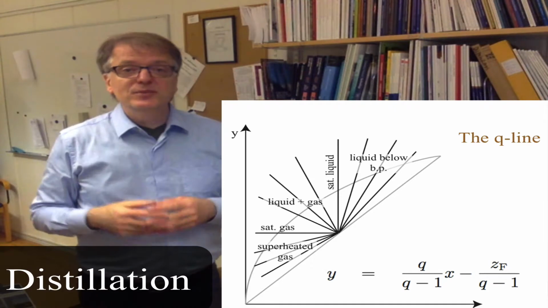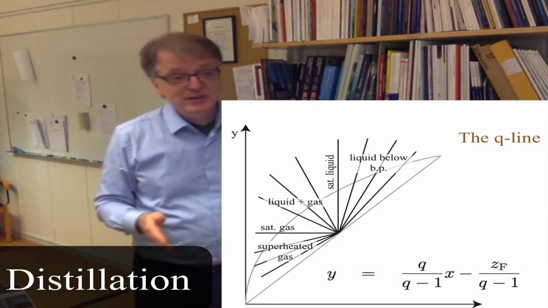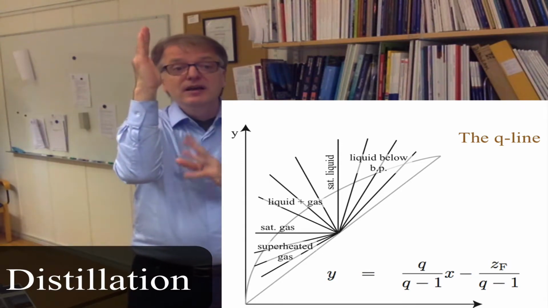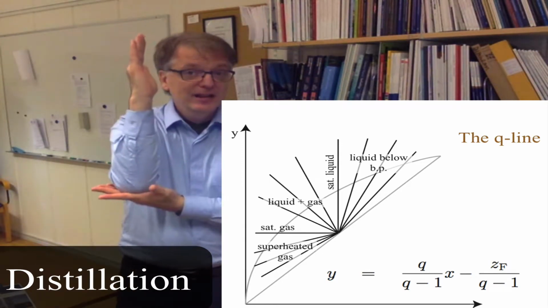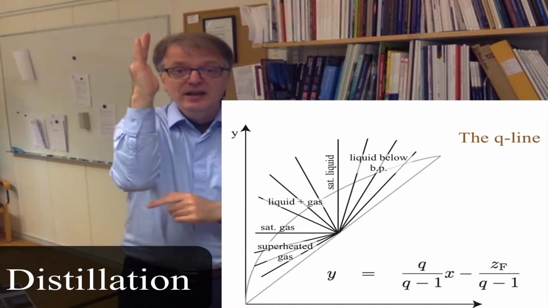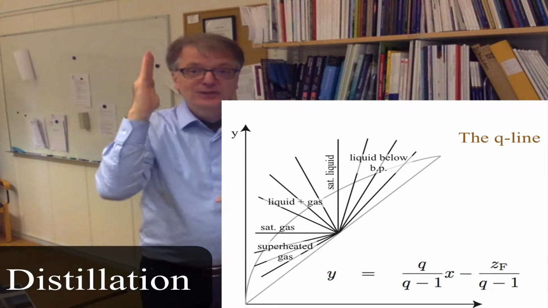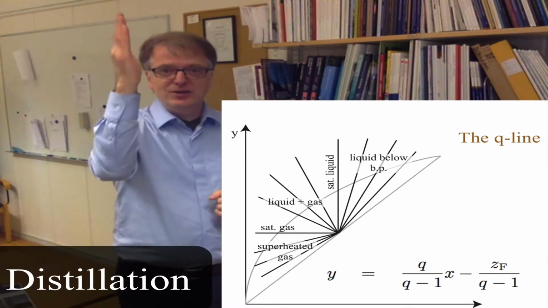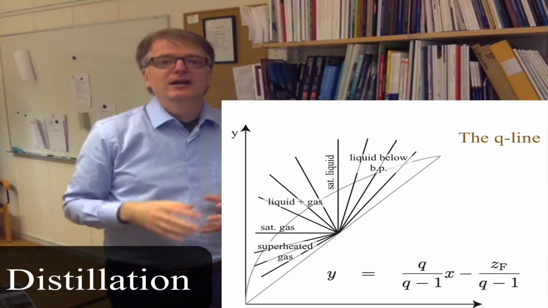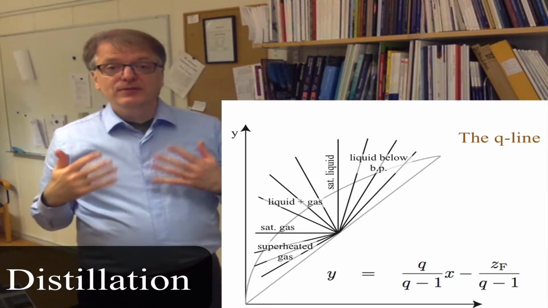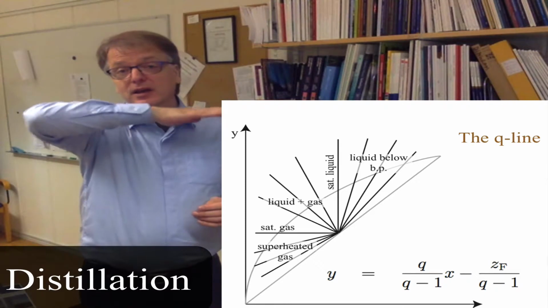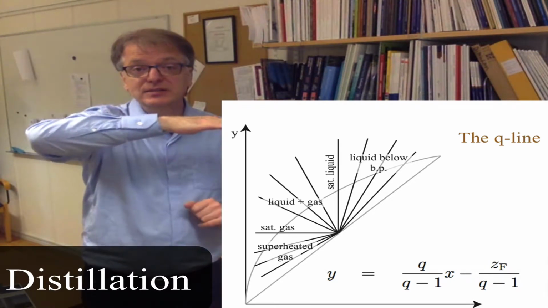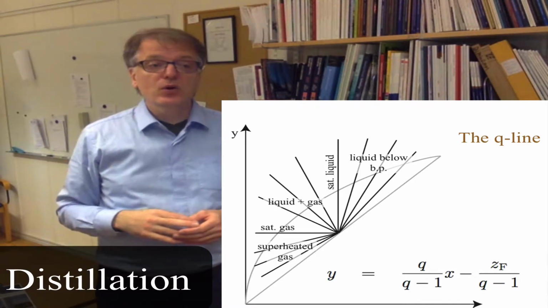The rule of thumb to remember: a vertical line has the same composition in the liquid phase, the same x-axis value in all points of the line, so that line has something to do with liquids. Hence if the feed is saturated liquid, the Q line is vertical, and if the feed is saturated gas, so gas at its condensing point, then the Q line is horizontal.